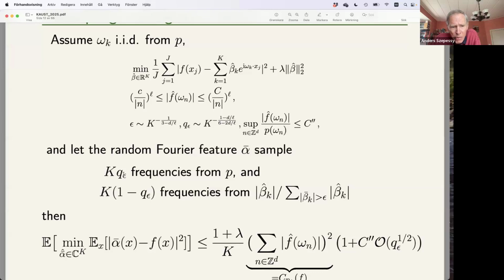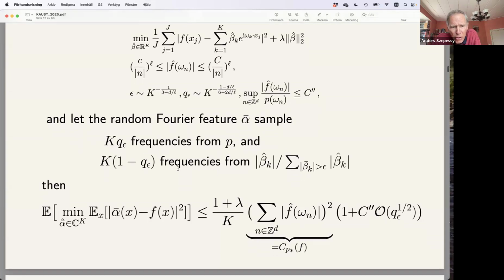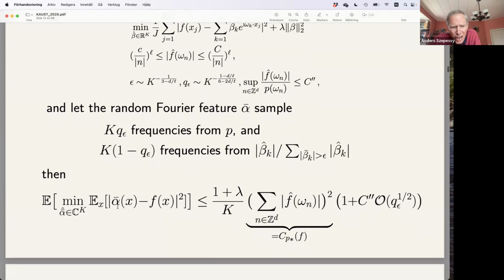And then we will again sample from p, a few of them, so that we add up to capital K. The remaining one comes from this density p here. With this setup, we form a new neural network, alpha bar, the resampled neural network.